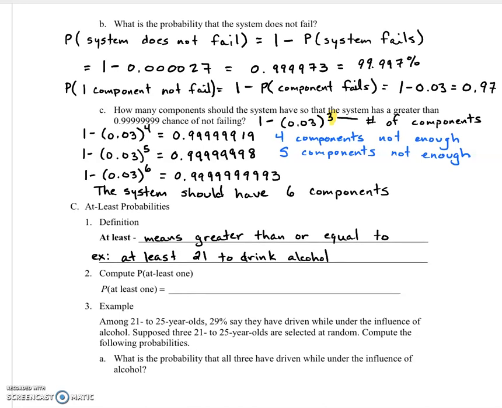So the probability of at least one of something is 1 minus the probability of none of that thing. That's the way the complement works for that.